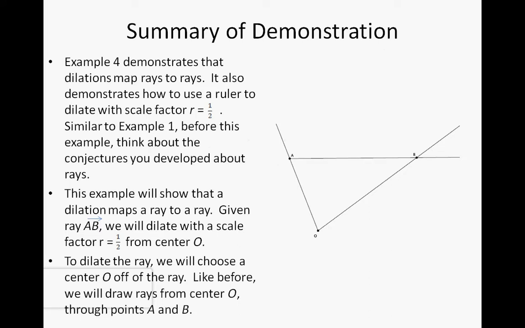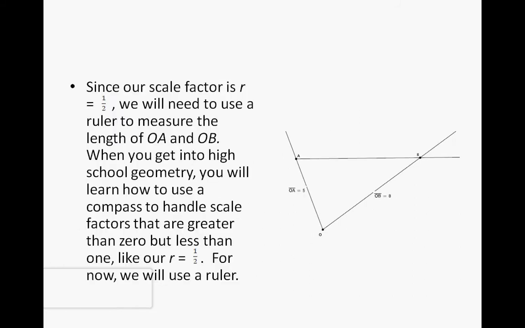All right, so let's go ahead and summarize that. So our scale factor is 1/2 in this case. And they used A and B. I used P and Q. But you can just go through and take notes on this. OA was 5. OB was 8.